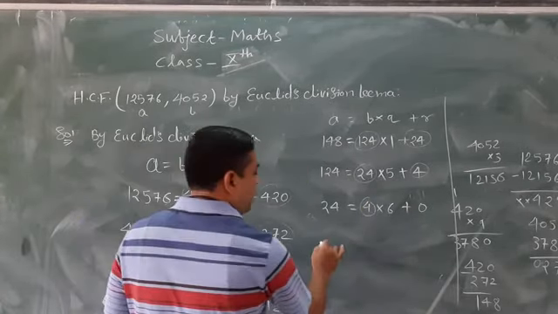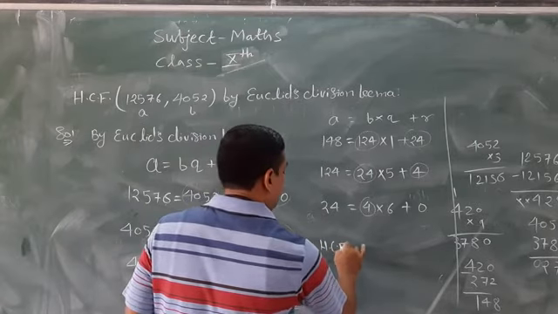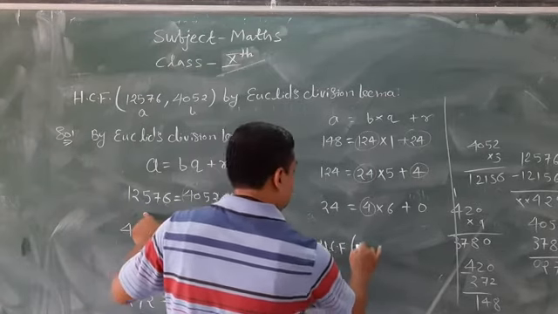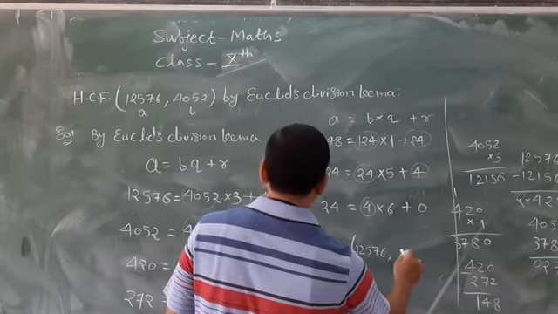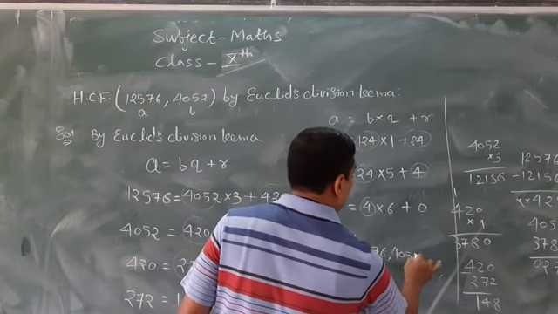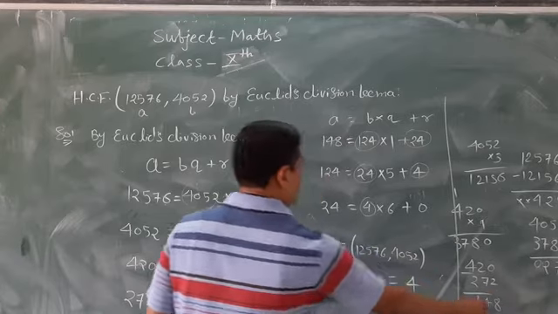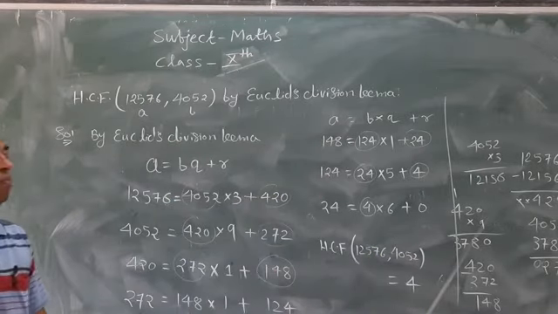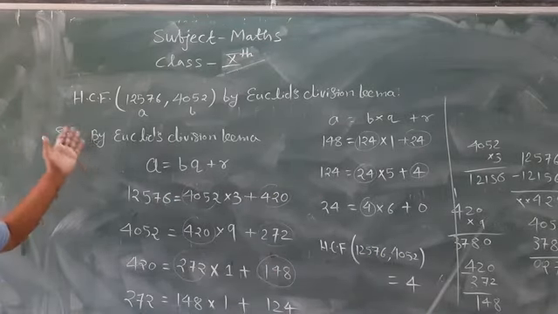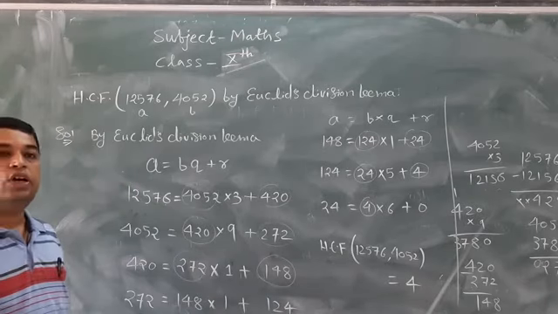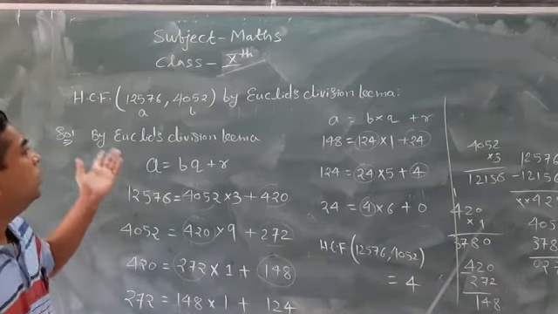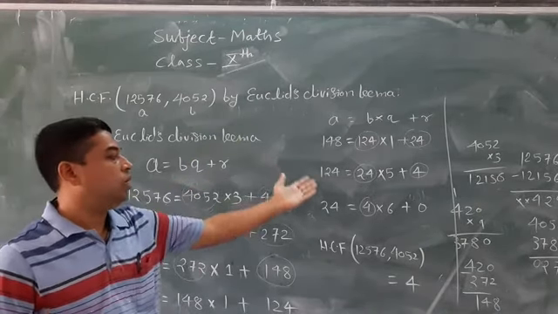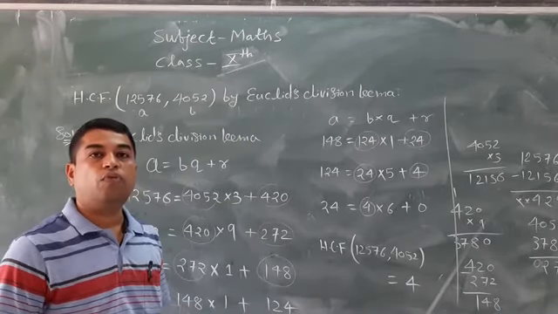So that is why the HCF of these two numbers, 12,576 and 4,052, is 4. The HCF of these two numbers will come 4. So in this way we can find the HCF of any two numbers, whether bigger or small, doesn't matter. Easily by Euclid division lemma we can obtain the HCF of two numbers.